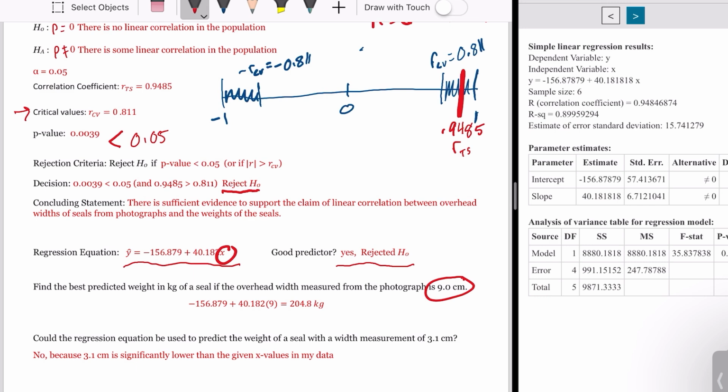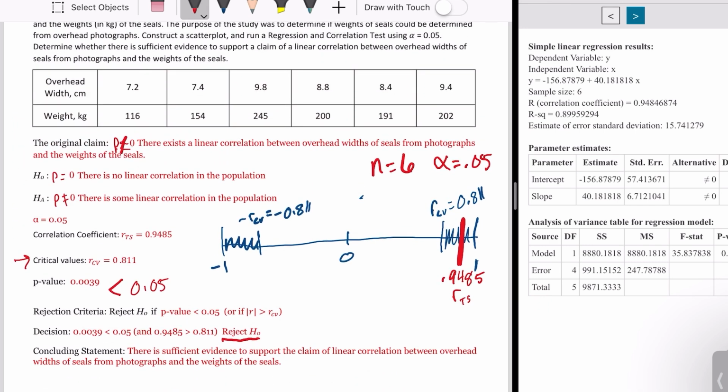Let's look back at that data just a second. When we look at that, 3.1 is not in the domain of X's that we've got there. It's significantly different. I would feel comfortable using that line to predict something like a width of maybe 6.9 or 7, but 3 is significantly different from our data.